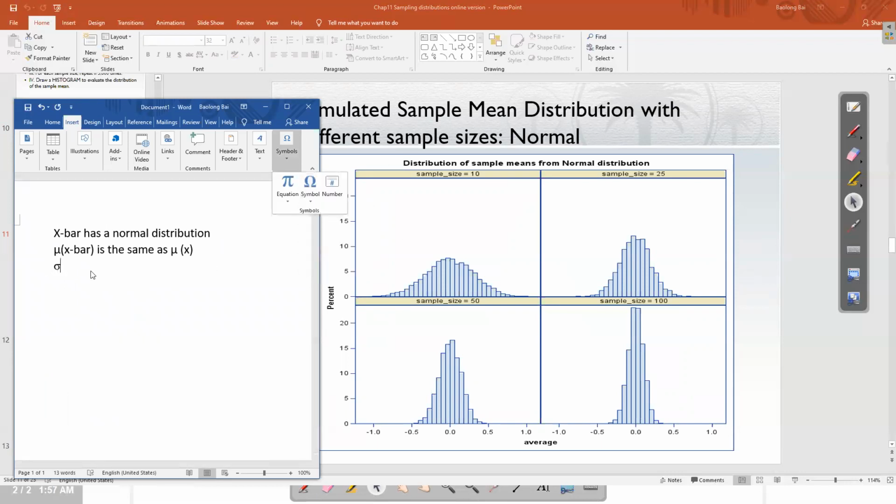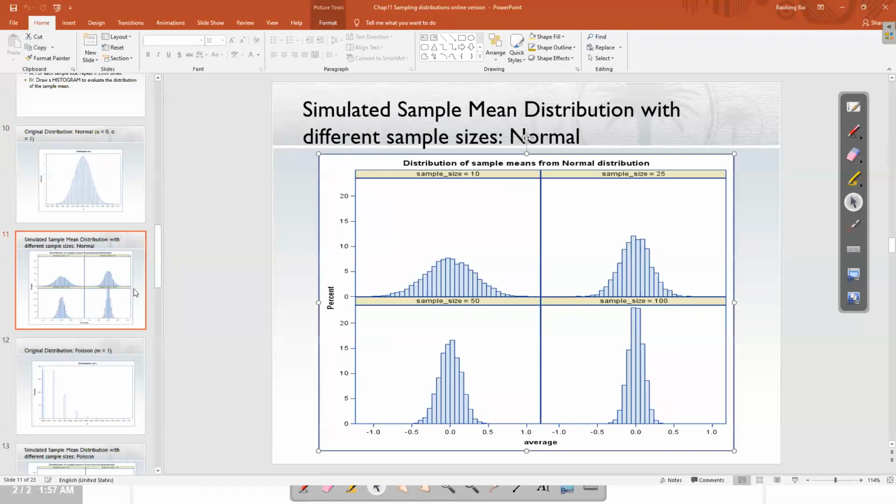So the standard deviation of X bar will decrease when sample size increases. So that's what we observe if we start with a normal distribution.